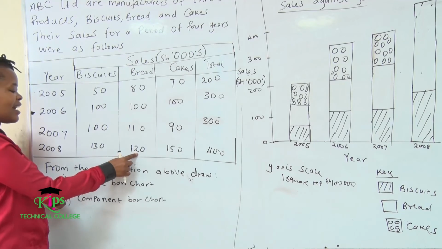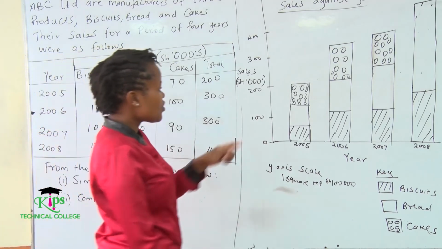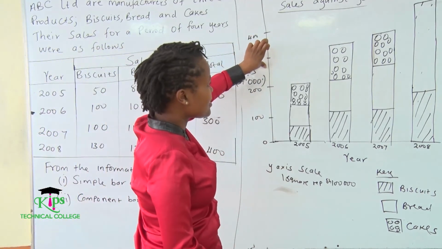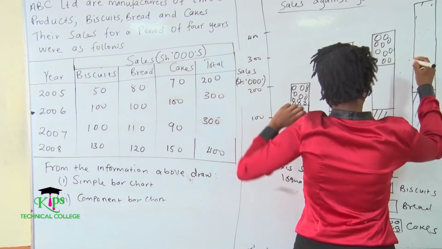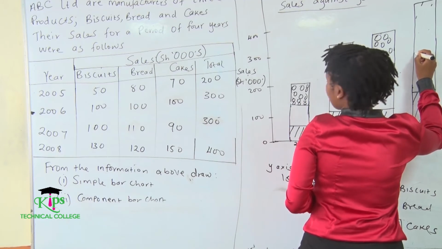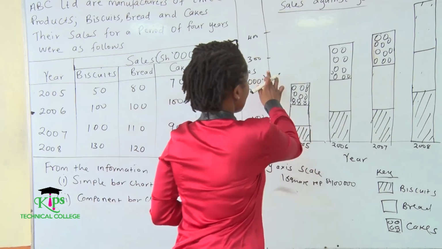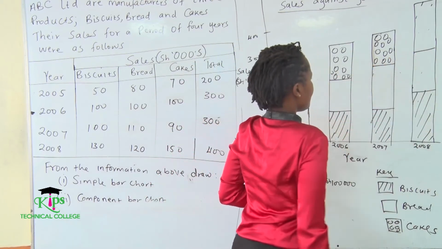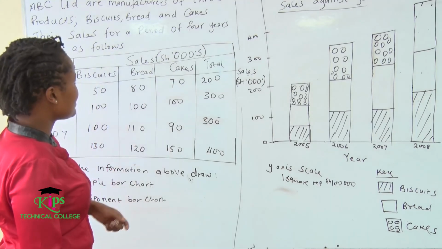So you have to get 120 plus 130, which gives us a total of 250. Then you identify 250 on your y-axis. Assuming that is approximately 250, then the remaining should be 150, which is representing cakes.